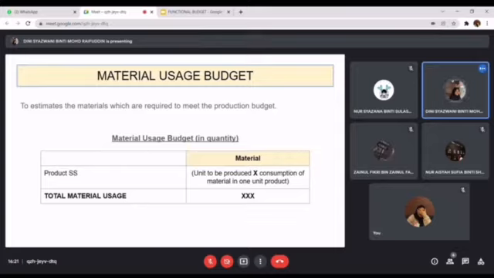Same as the production budget, the material usage budget is also calculated in quantity. For example, for product SS, the material used is calculated by units to be produced times the consumption of material in one unit of product. So we will get the total material usage.